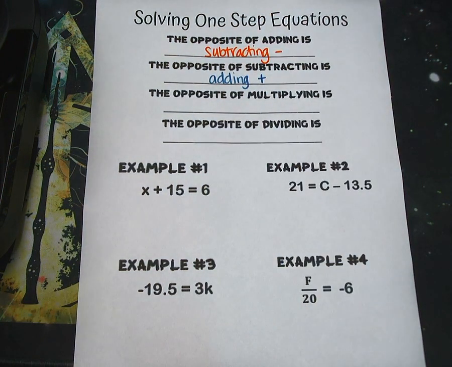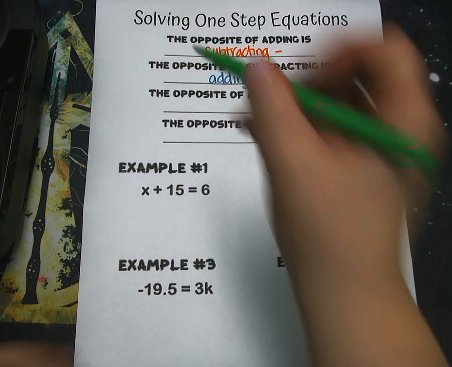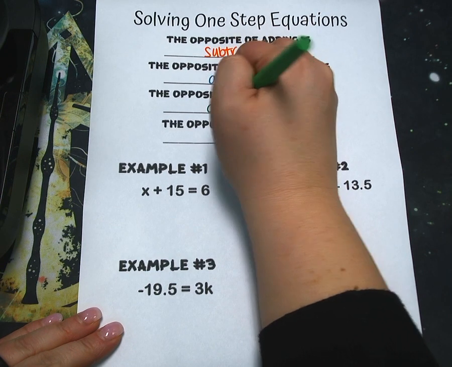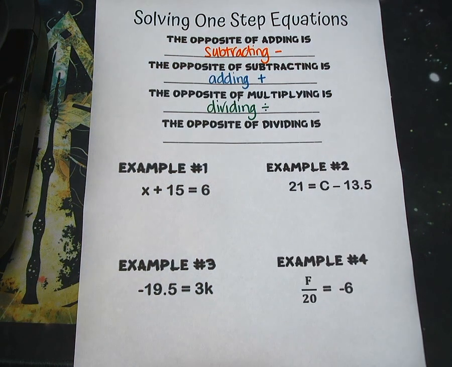And then the opposite of multiplying is dividing. And the last one, the opposite of dividing is multiplying.